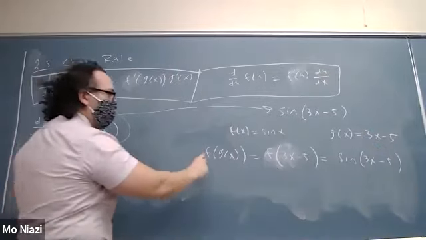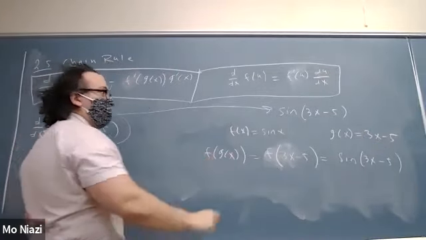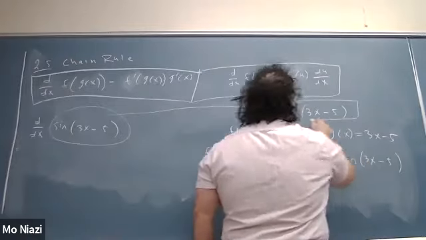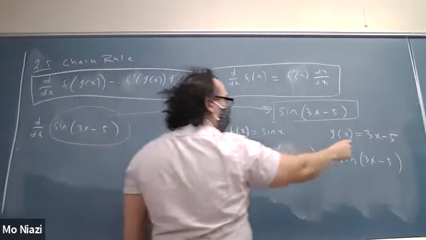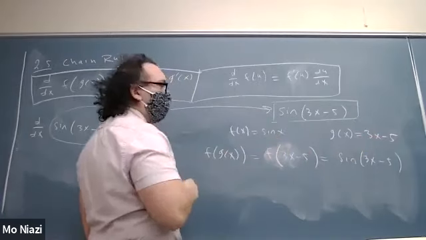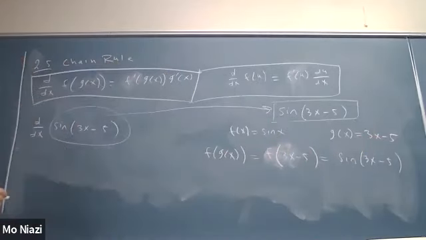So notice we've built sine of 3x minus 5, our function right here, as a composition of two functions. We plugged in 3x minus 5 into sine of x to obtain sine of 3x minus 5. So when we take the derivative of said function, you have to apply the chain rule, because the chain rule applies to a composition of functions.